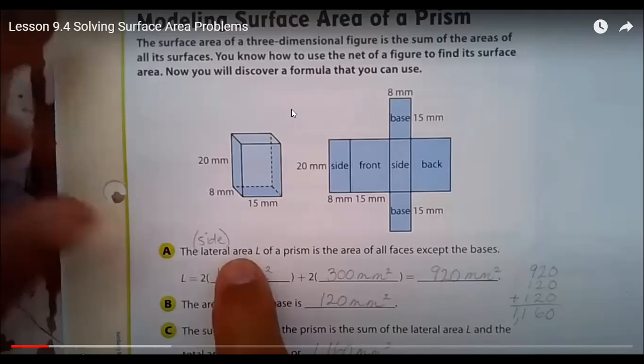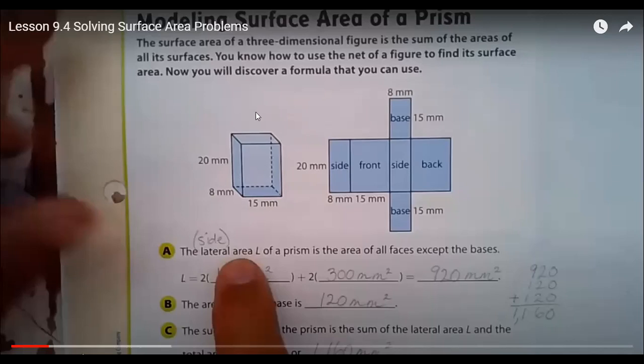Side. Yes. Lateral area means the lateral sides, which are side and front and back.